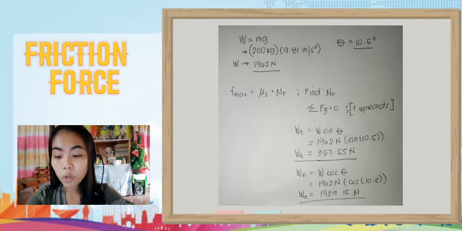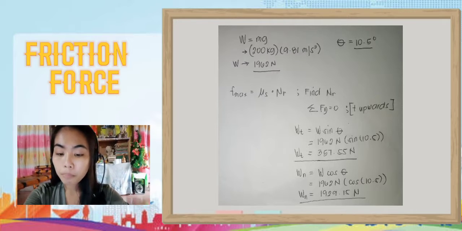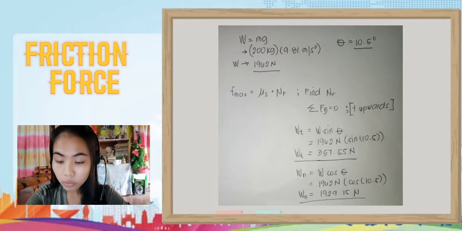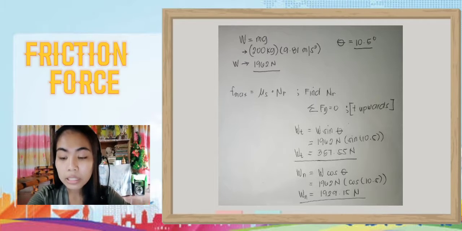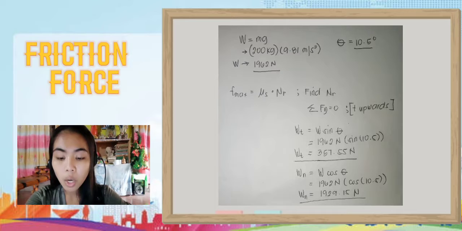For maximum friction, we have a formula mu s, or the coefficient of friction for static case, times the normal force or normal reaction. So, hindi natin makukuha ang maximum force if hindi natin alam kung ano ang normal reaction. So, first, we will find the normal reaction.